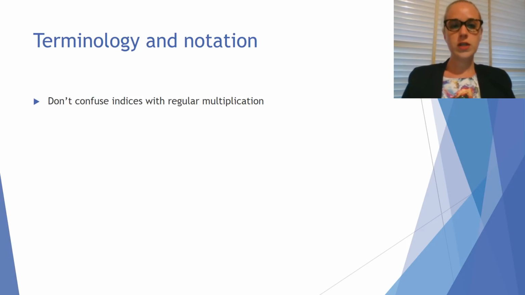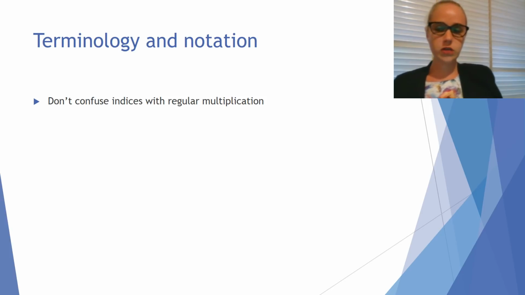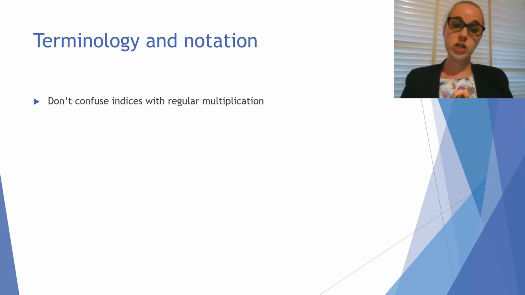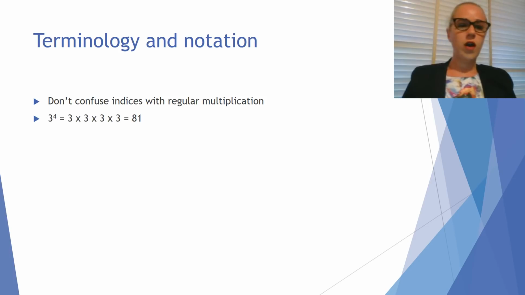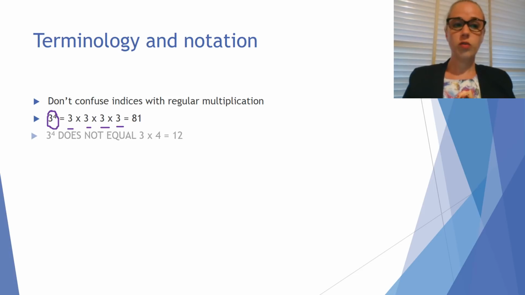Don't confuse indices with regular multiplication when we're talking about terminology and notation. It's really important that you realize that 3 to the power of 4 means 3 times 3 times 3 times 3, which is 81. 3 to the power of 4 is not the same as 3 times 4.